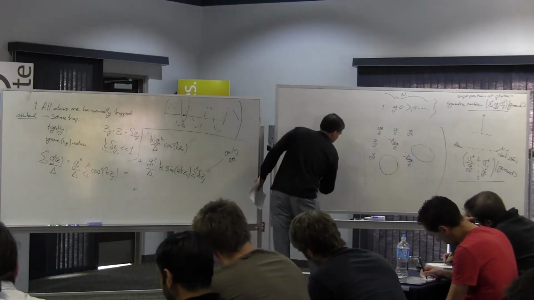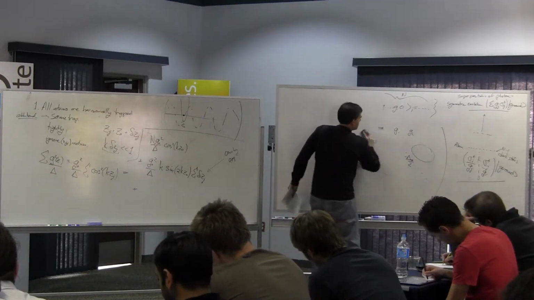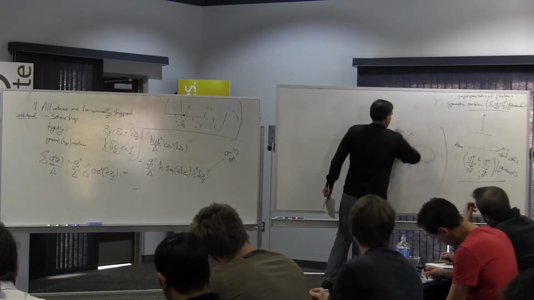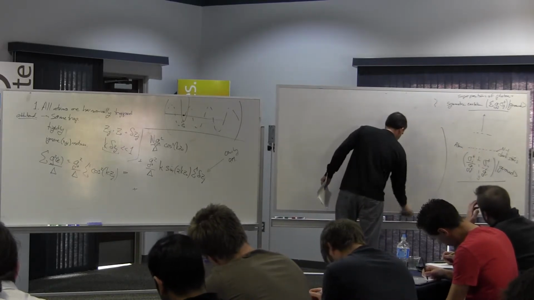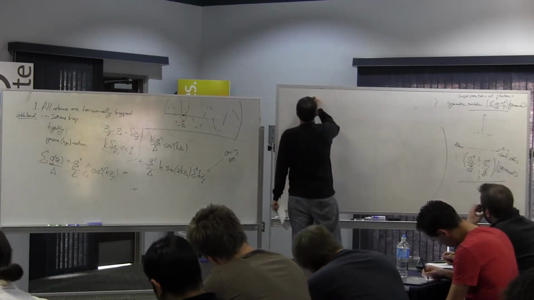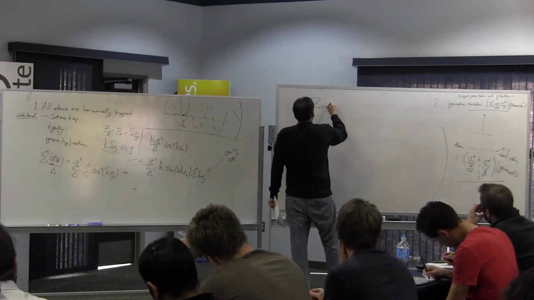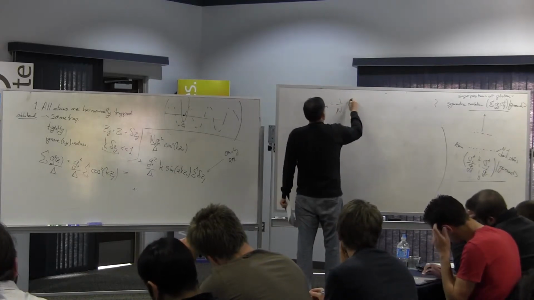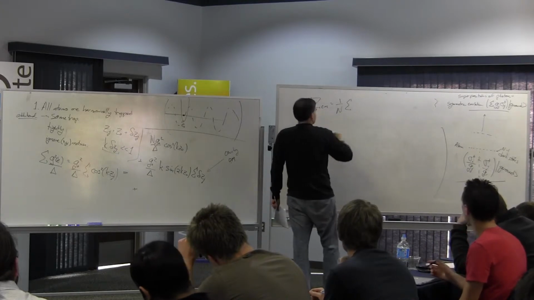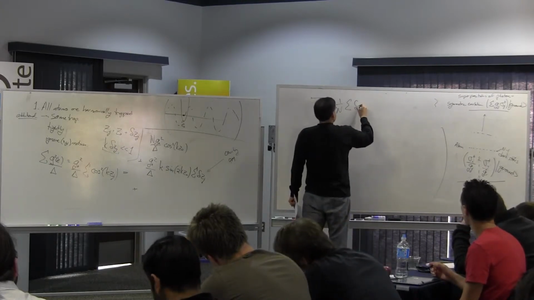Let me simply, rather than talk about the displacement of each of the atoms from its equilibrium position, talk about the center of mass position. The displacement of the center of mass away from the equilibrium position.